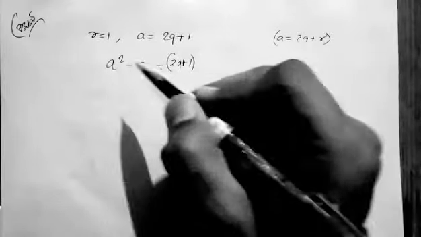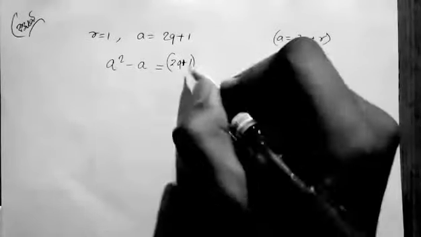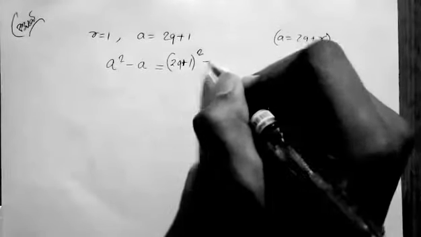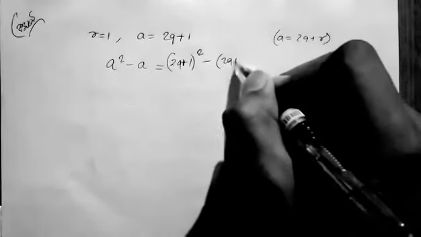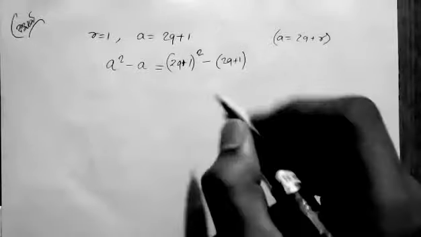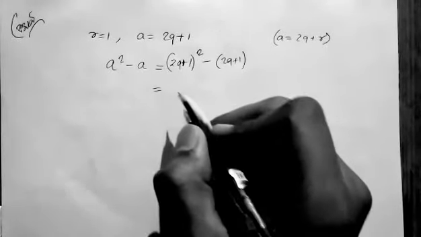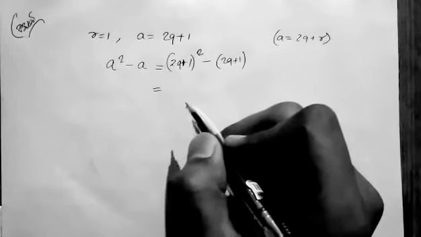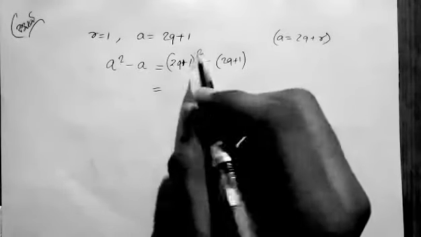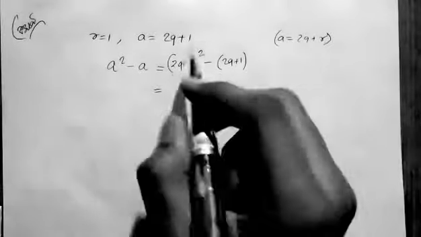If you substitute the value of a here, you will get (2q plus 1) whole square. I guess you all know the formula of (a plus b) whole square. What was the formula? (a plus b) whole square is equal to a square plus b square plus 2ab, right? So you will expand this in that formula.